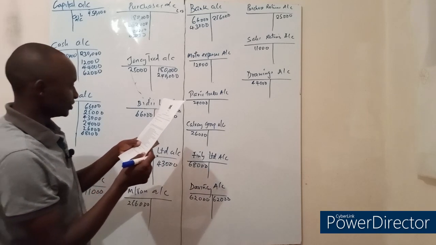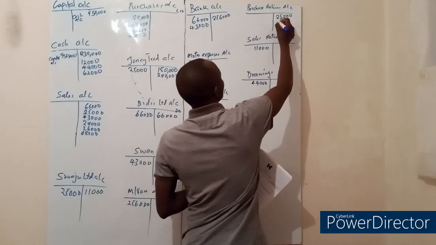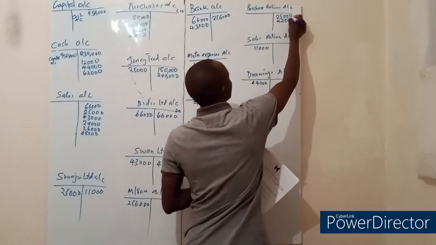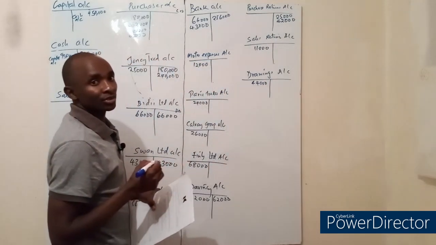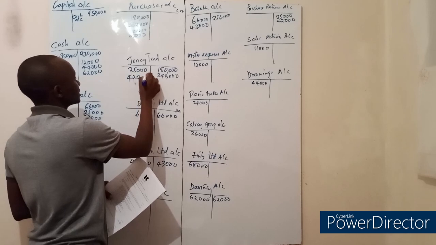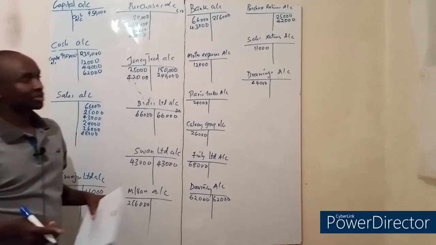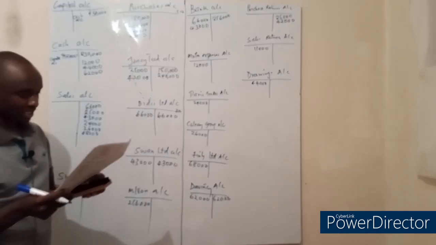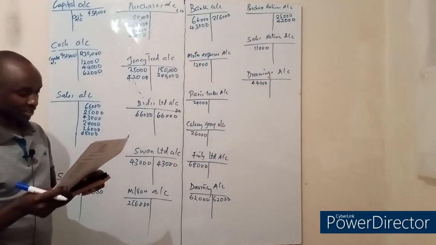So what are you going to do? You are going to return to Jonesy 42,000, and you're also going to show in Jonesy's account 42,000 on the debit side, right? Good. So let's move on to January 29th.